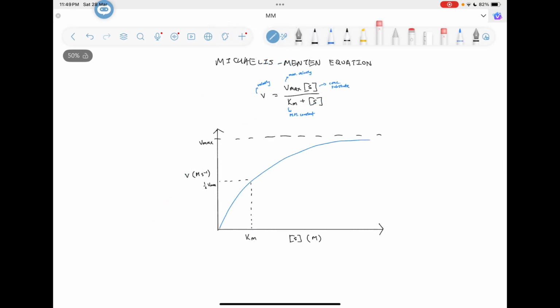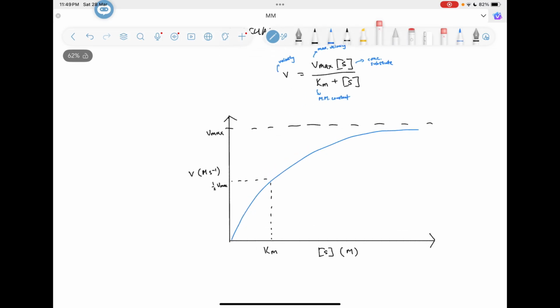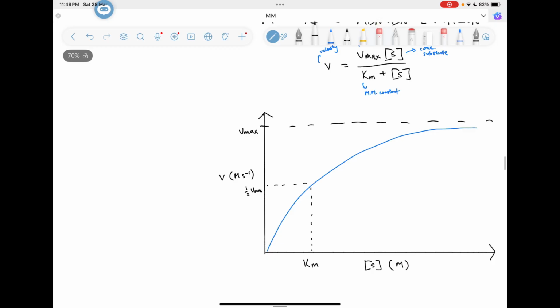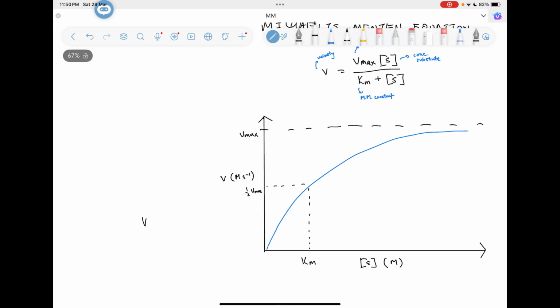Alright, so now let's talk about how we can explain the properties of the graph using the Michaelis-Menten equation. The first property of the graph we'll talk about is when substrate concentration equals Km. So let's write out the equation again. V equals Vmax times substrate concentration over Km plus substrate concentration.